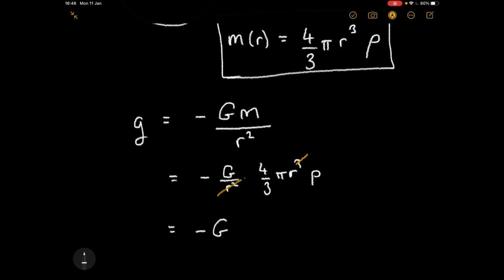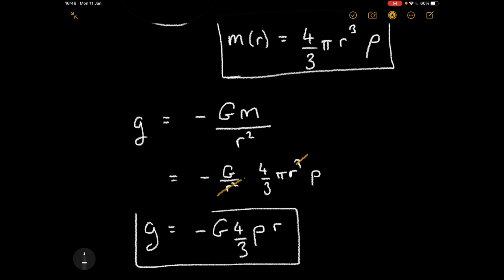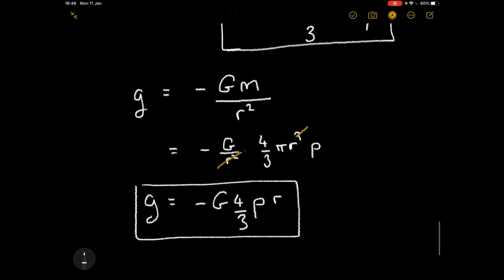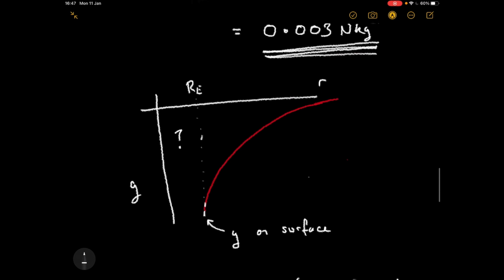That cancels with that, and we're just left with minus G 4/3 rho r. And this becomes a nice equation for inside the Earth, or inside any object of a constant density. So in a constant density planet, the gravitational field strength will increase linearly as you go out from the centre. So we get an increase as we move from the centre.